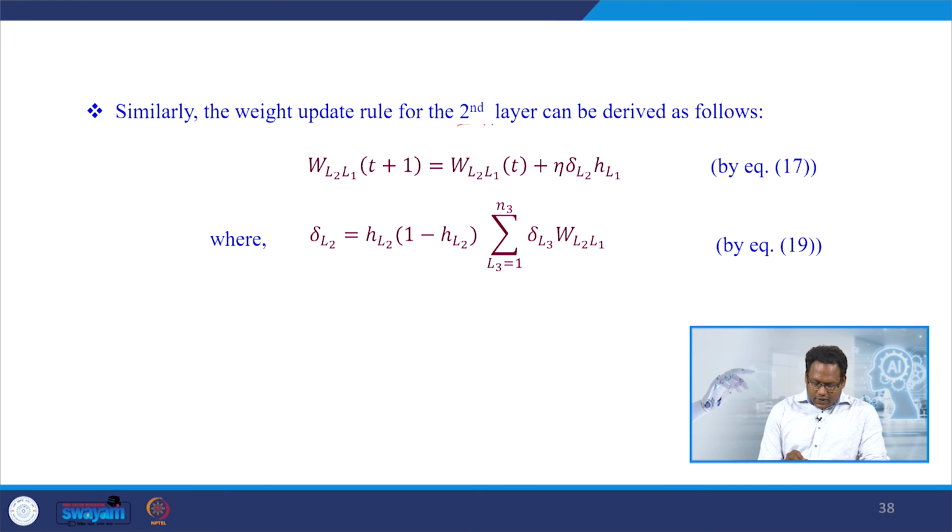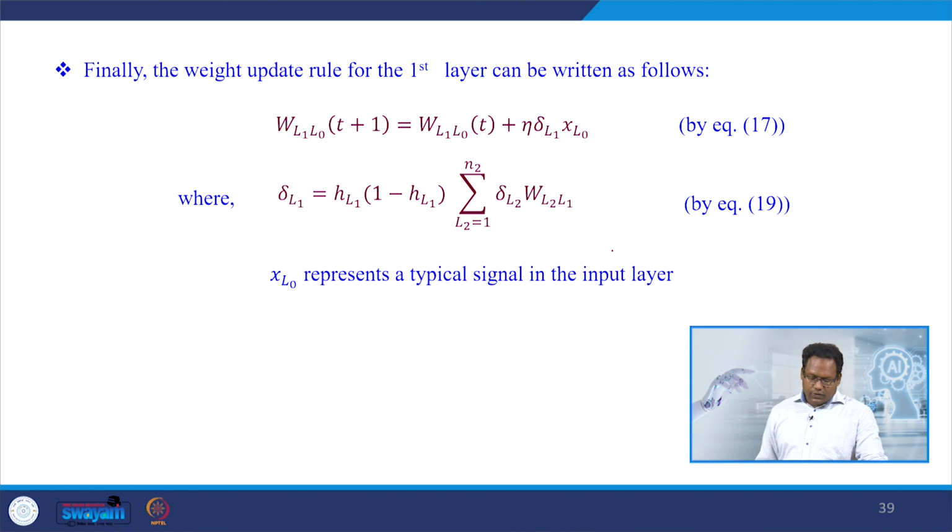Likewise, for the second layer, delta L2 is written in terms of delta L3, whereas for the first layer, which connects the weights between layer L1 and L0, the input layer and the first hidden layer, the update is given by WL1L0 of t plus 1 equals WL1L0 of t plus eta delta L1 into the input to this layer.